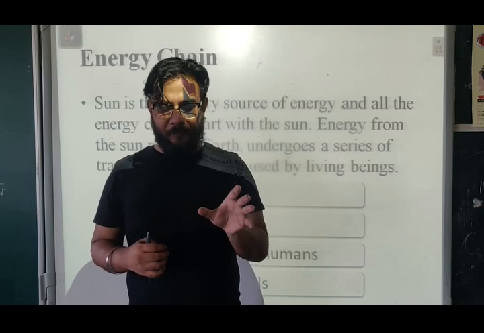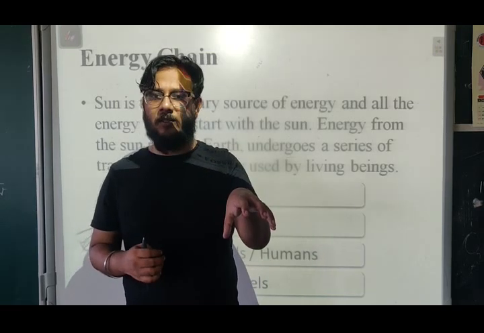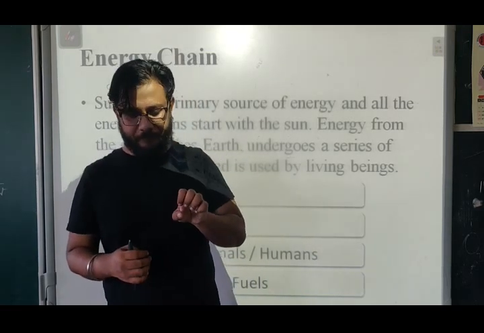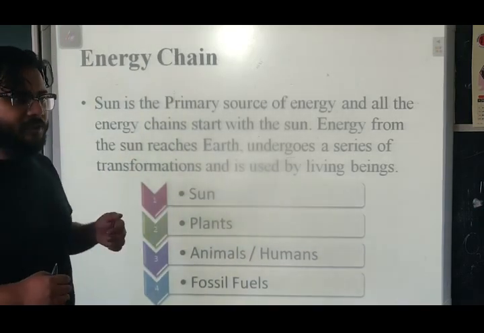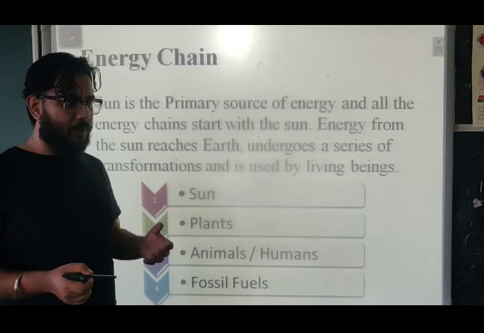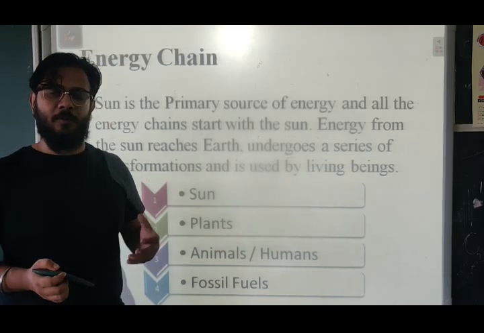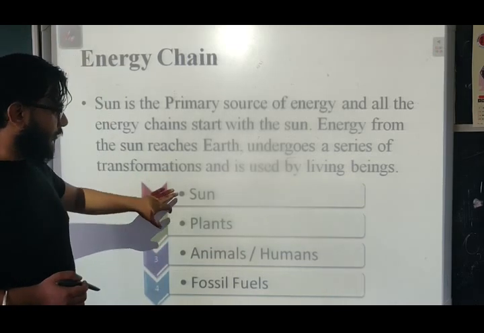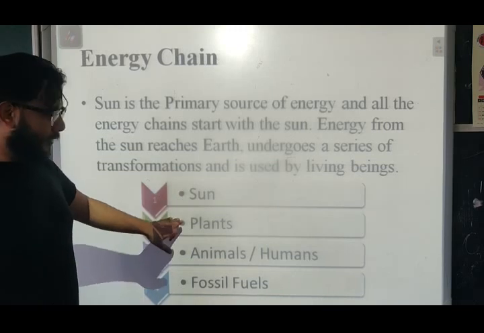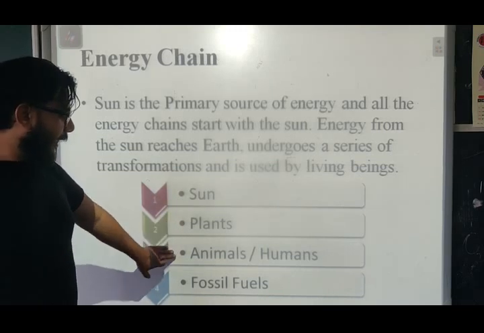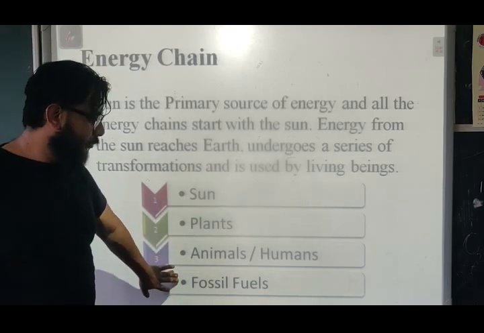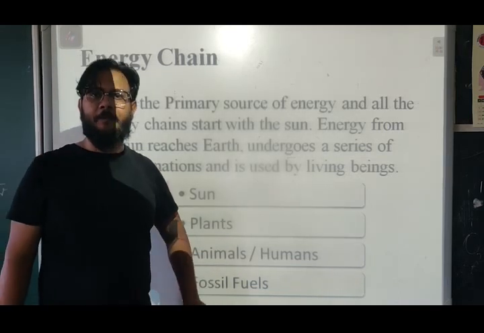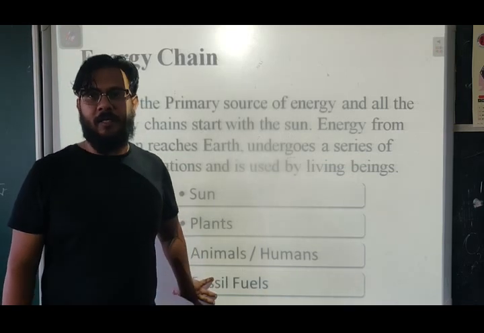Plants make the food, animals eat the plants for energy, and animals later turn into fossil fuels. And where do the plants get the energy from? They get it from the sun. So from the sun, the energy goes to plants. Plants make the food, animals consume plants for energy, and animals later turn into fossil fuel, which we use as sources of energy.